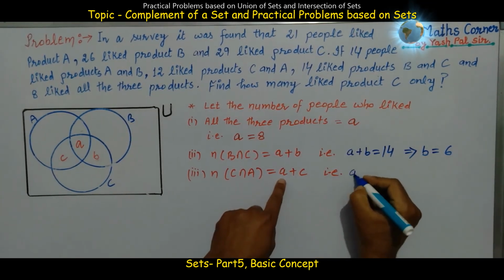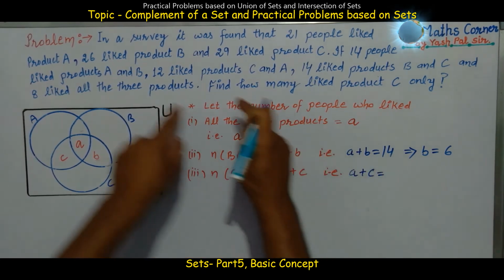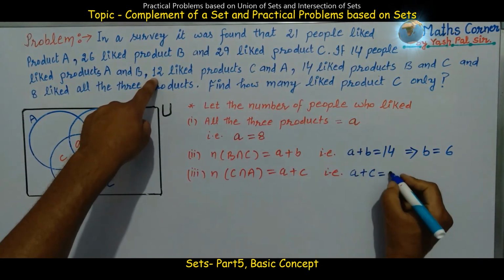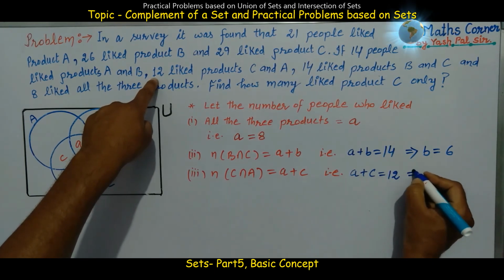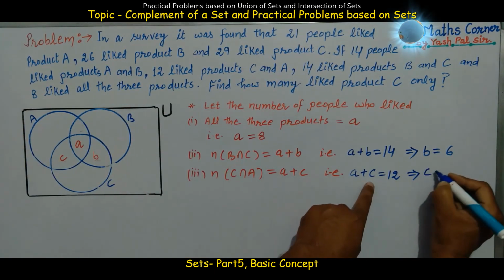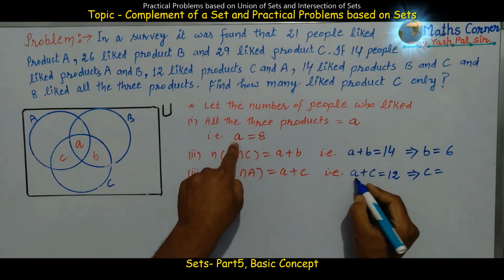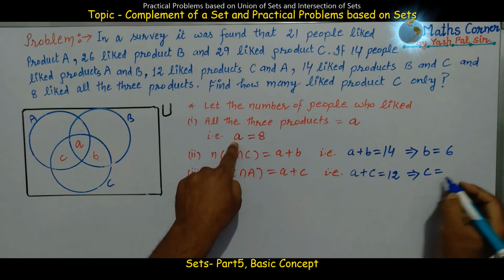A plus C is equal to 12. From here we can calculate the value of C: C is equal to 12 minus 8, because A is 8. So 12 minus 8 is 4.